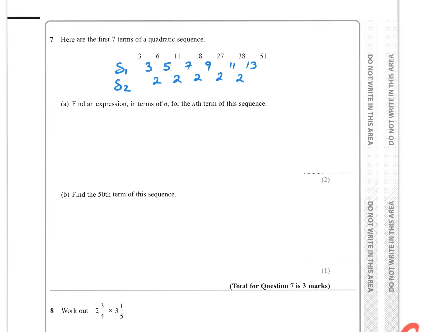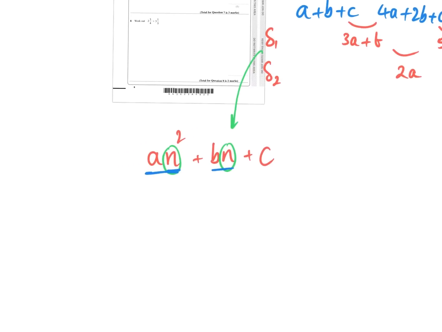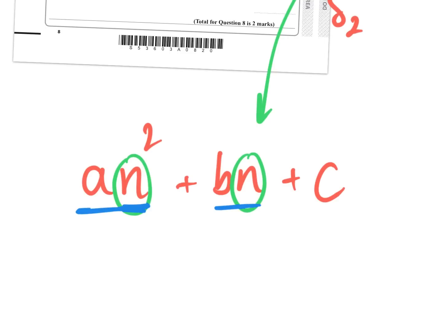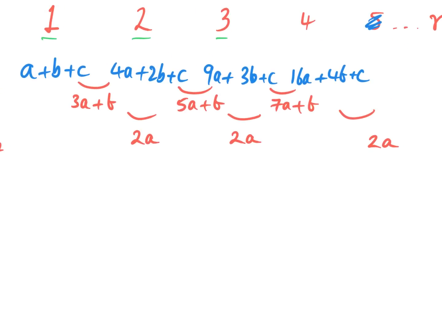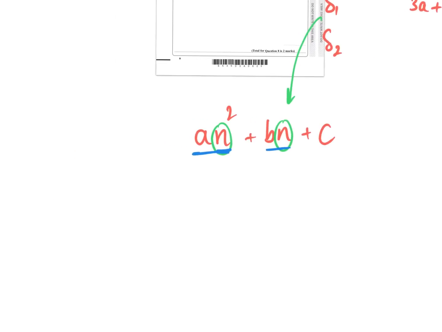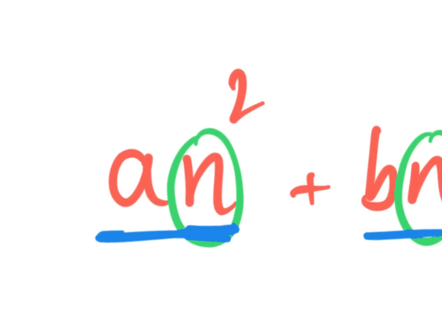So what does that tell us? Well, if we did it with any quadratic expression, an squared plus bn plus c, what did we find? We found that we always get 2a. So if we want to find the value of a, i.e. how many square terms we need, we have to do what?